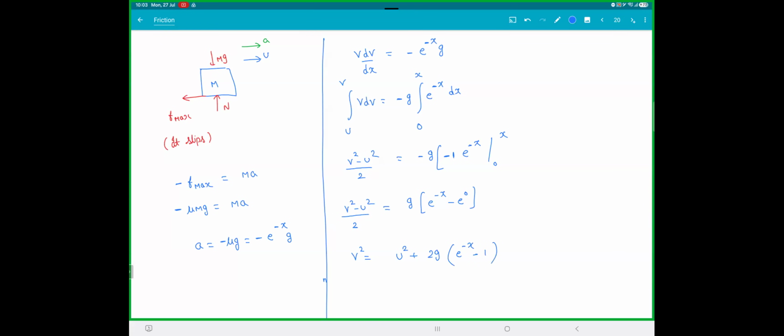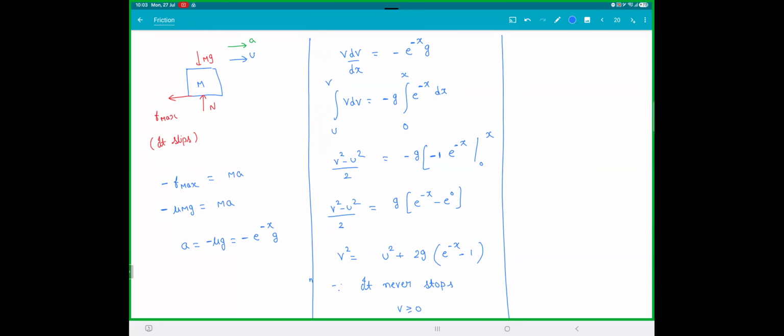This is your velocity, and since it never stops, v square must be greater than or equal to 0. So u square plus 2g into e power minus x minus 1 is greater than or equal to 0.